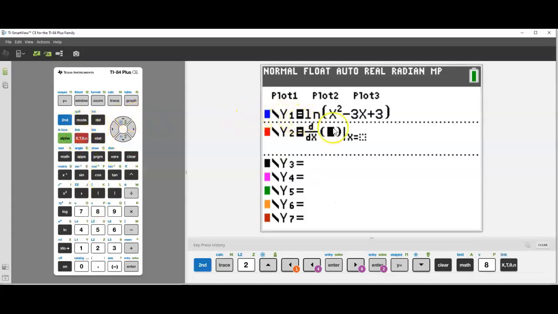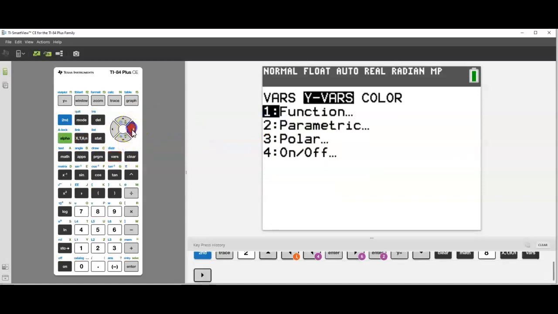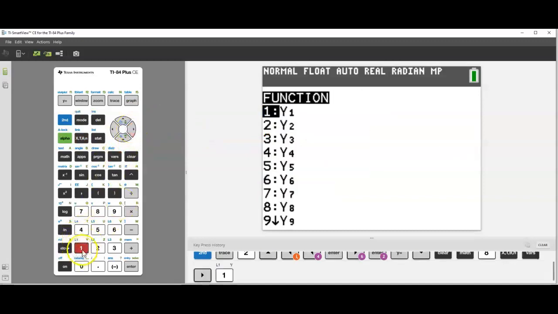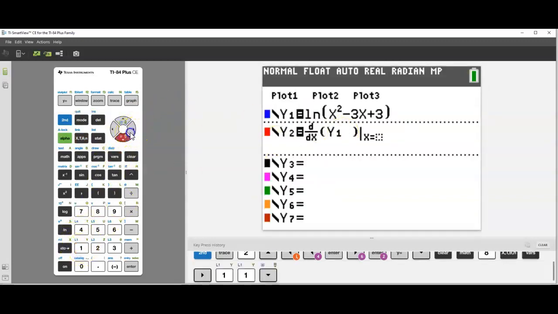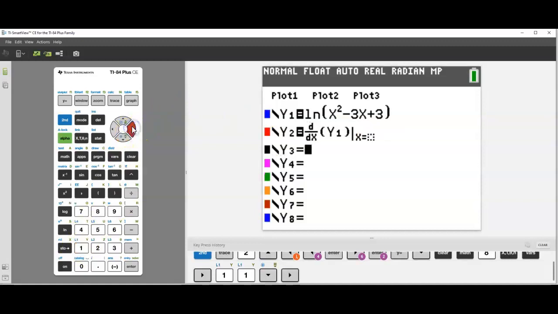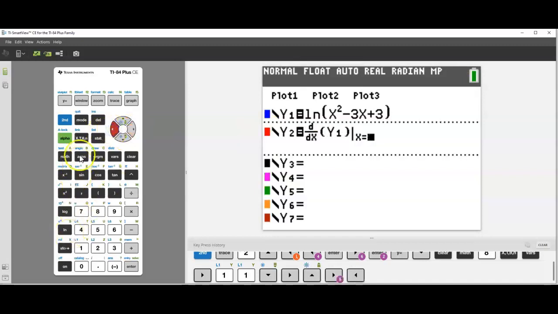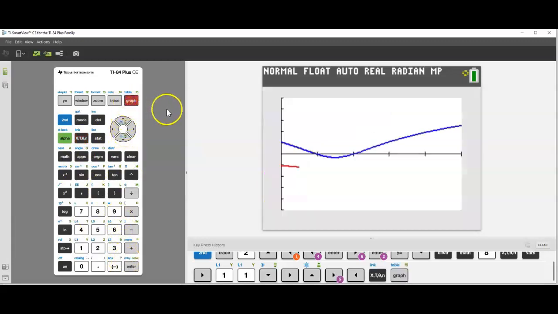You're going to put the y1 function in there, your original function. And then in this last spot up here, you need to put an X, which is kind of weird, but you're going to put an X there. And then graph. And you'll see you actually get the same exact picture.